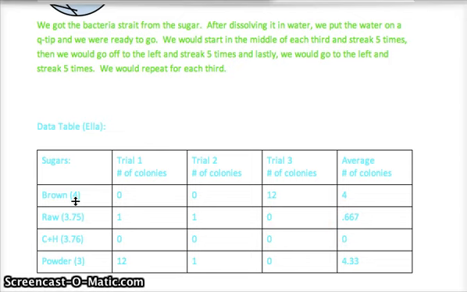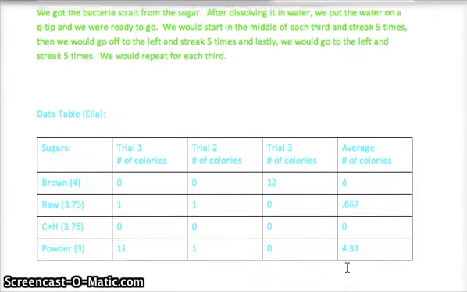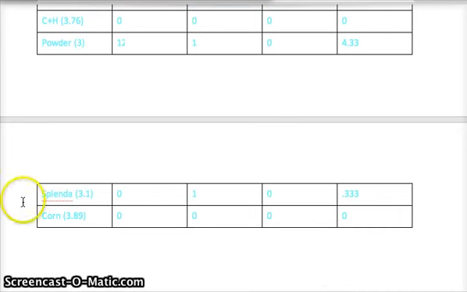For CNH, it was 0, 0, and 0, so our average was 0. And for powdered, it was 12, 1, 0, and our average was 4.333. Splenda was 0, 1, 0, so our average was 0.333. Corn was 0, 0, 0, so our average was 0.